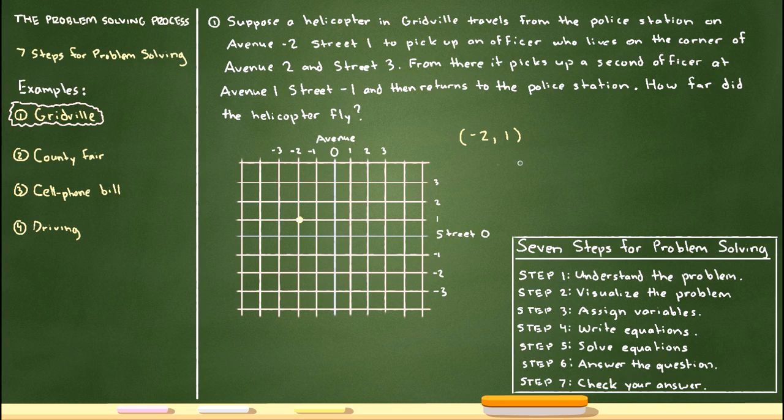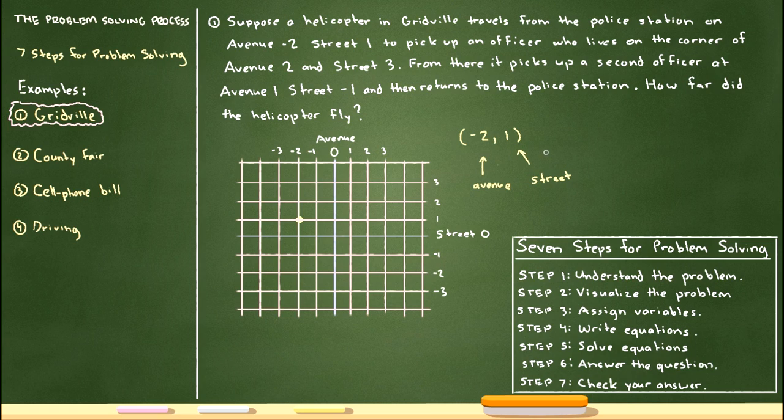It honestly wouldn't have made a difference, but in terms of Cartesian planes, typically we put our horizontal movement first. Okay, so that's my avenue, and this is my street. Okay.